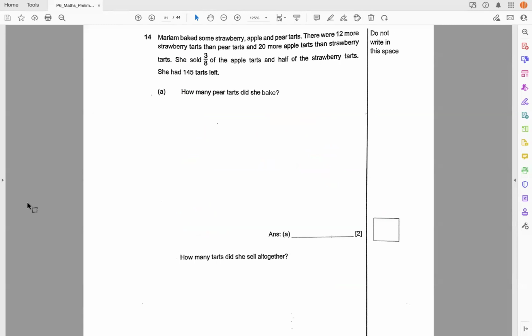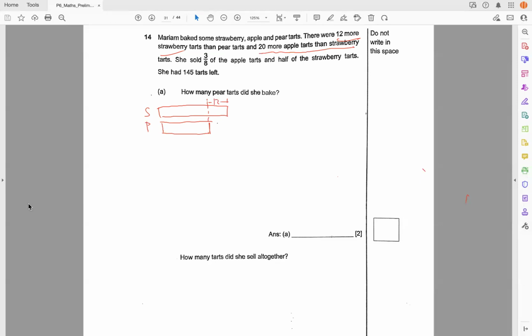Mariam baked some strawberry, apple, and pear tarts. There were 12 more strawberry tarts than pear. So whenever there's more than, you always draw a model. Always draw a model whenever there is more than or less than. And 20 more apples than strawberries.